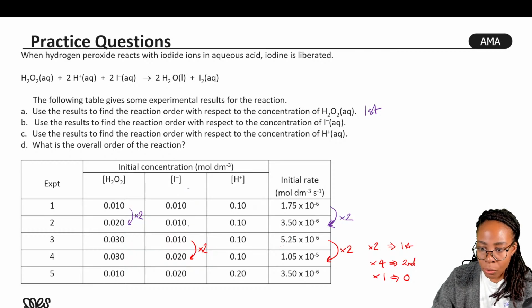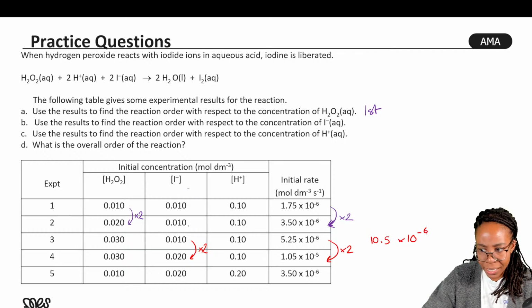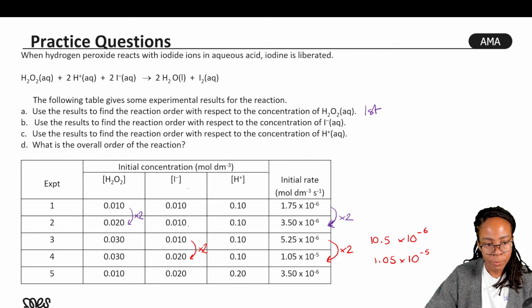So multiplying by 2, if we just ignore the powers for now, would give us 10.5. But 10.5 times 10 to the minus 6 in standard form is 1.05 times 10 to the minus 5.